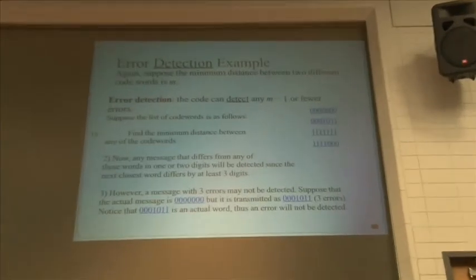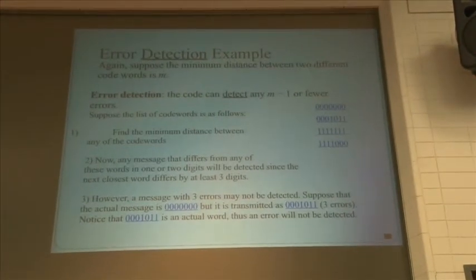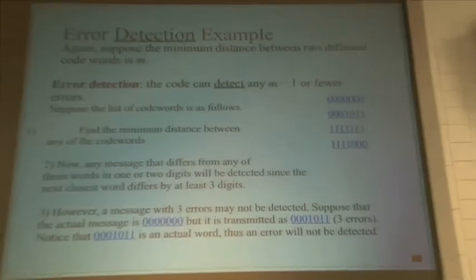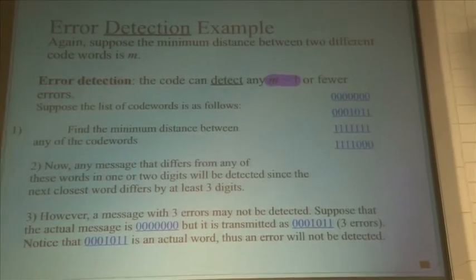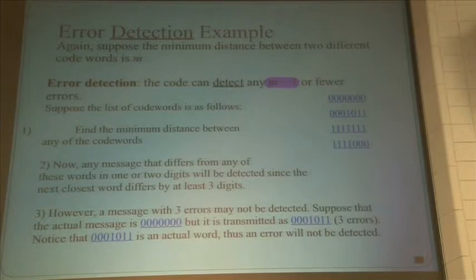Key things to remember. With error detection, the code will detect m minus 1 or fewer errors. Okay, let's take a look here. Suppose we have this list of codes. We've got 4 of them, right? These guys are blue. And first thing we need to do is find the minimum distance between any of them. Well, the first one, all zeros.